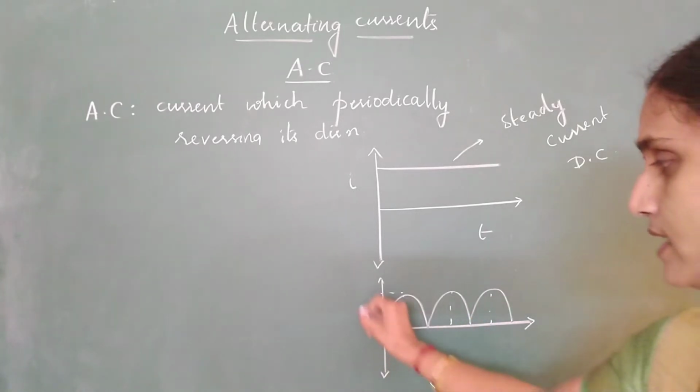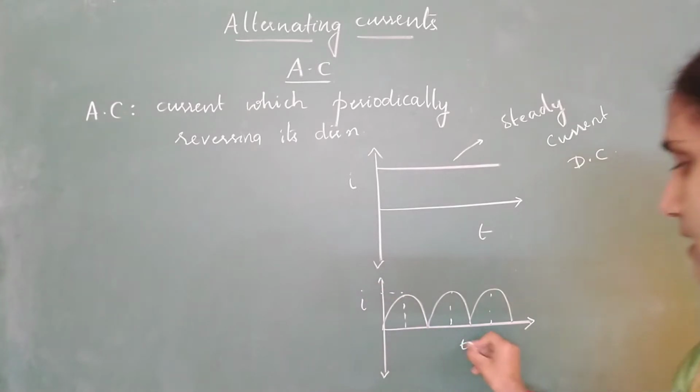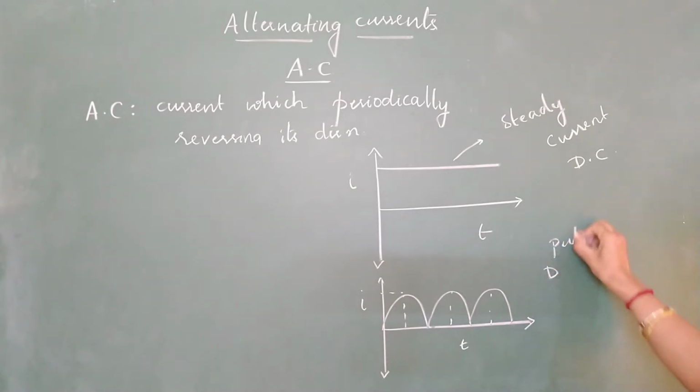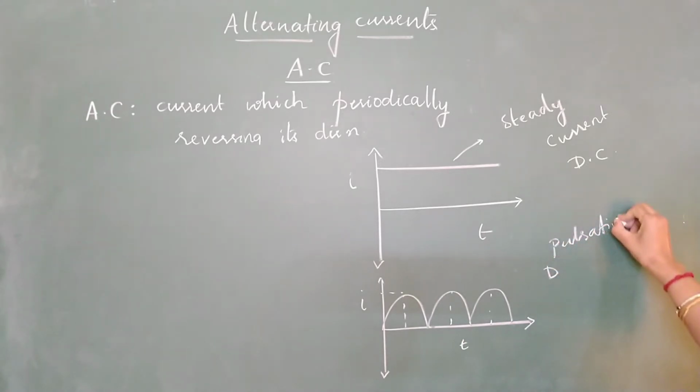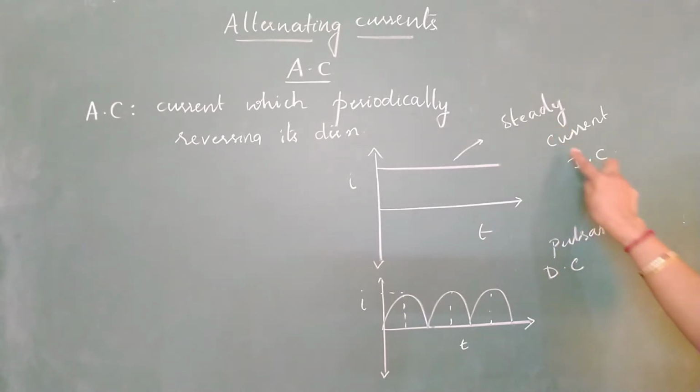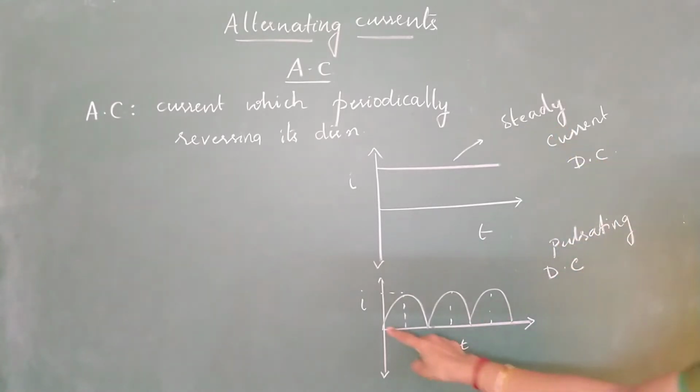So we cannot call it an AC. Since it is continuously maintaining a positive value, we call it a pulsating DC. This is a steady DC, whereas this one is called a pulsating DC. It cannot be called an alternating current.